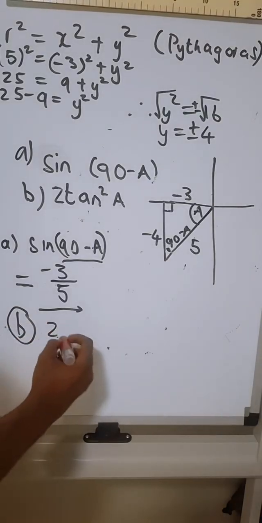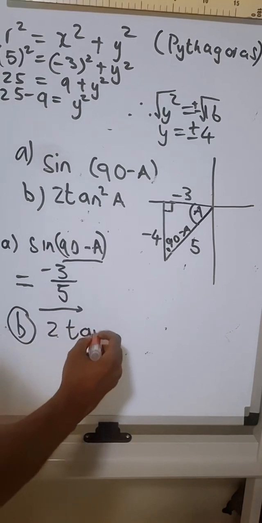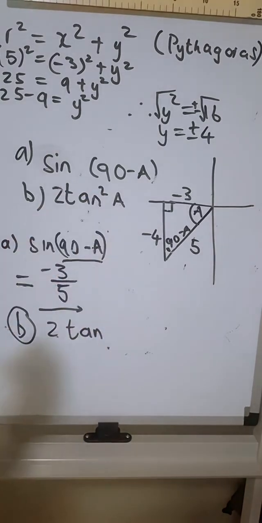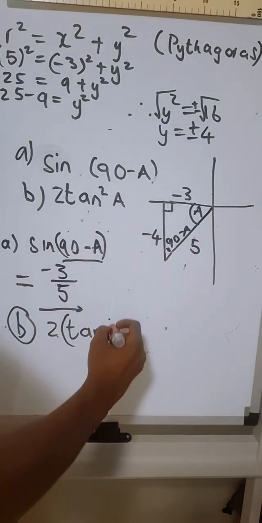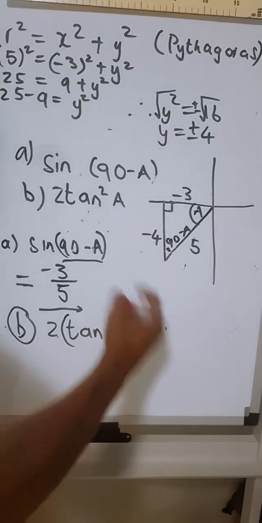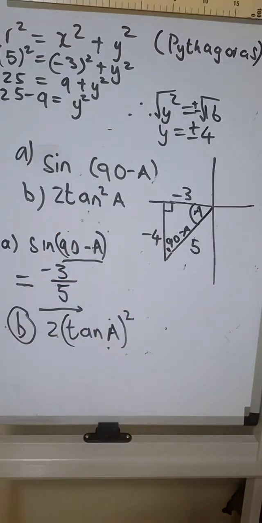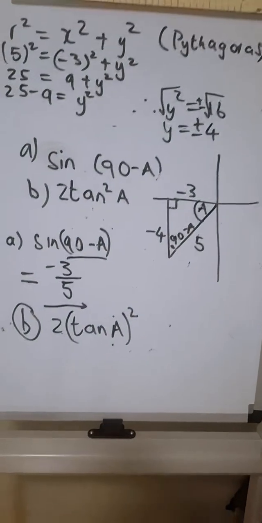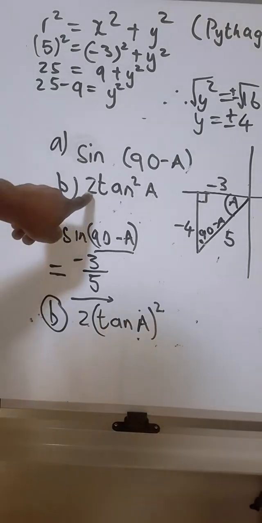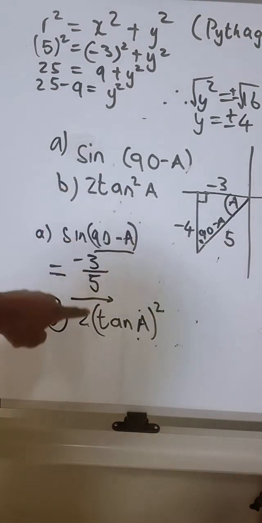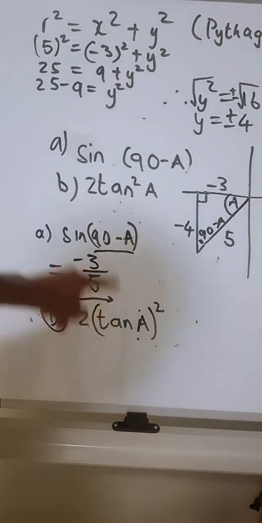B, 2 tan, but they're saying squared A. The first thing we're going to do is put a bracket around tan of A, and then the square goes outside of the trig ratio, because that's the meaning of 2 tan squared A. The exponent applies to the trig ratio, not to the coefficient.